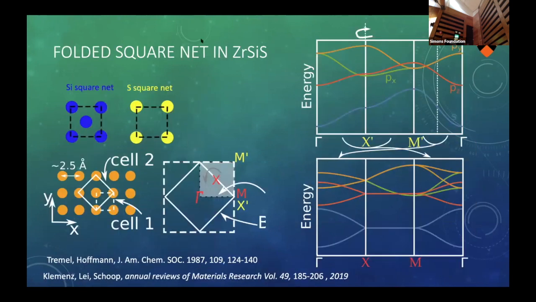But then if you look at the crystal structure of zirconium silicon sulfide, you will see that the silicon square net, which is the one we care about, actually has a side-centered unit cell. So it has 2 atoms per unit cell, which means, again, we have to fold the Brillouin zone to understand our band structure. If we fold it accordingly, we get these nicely dispersed px and py bands crossing in the band structure.